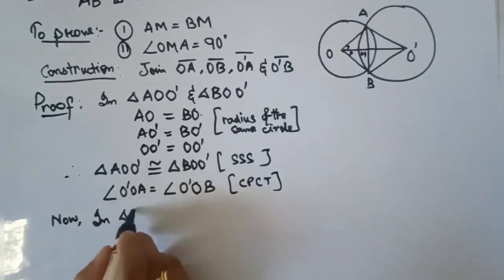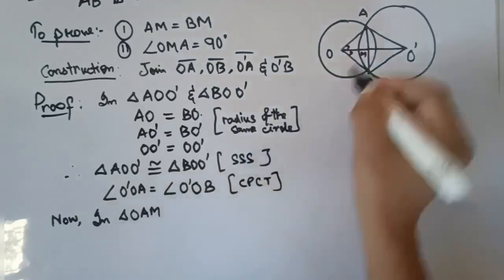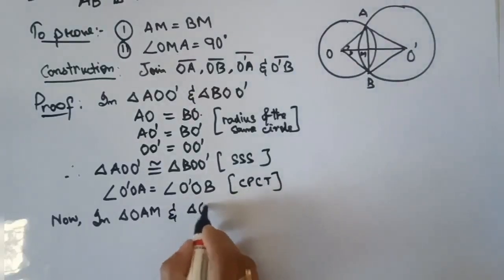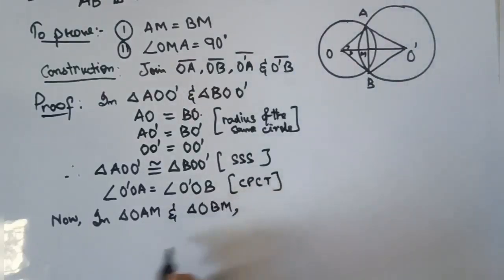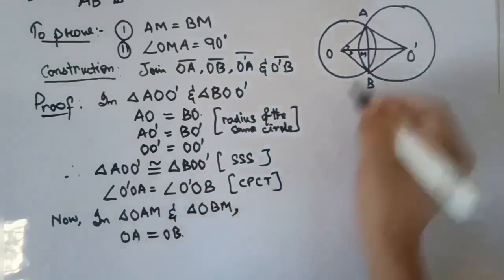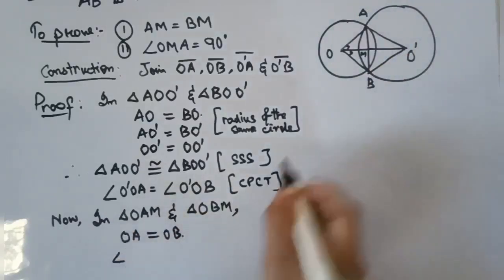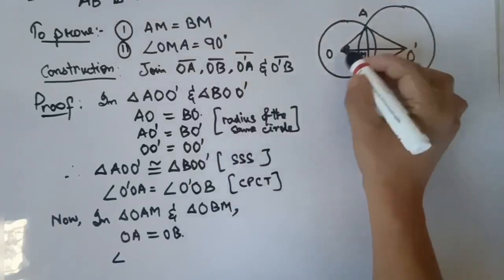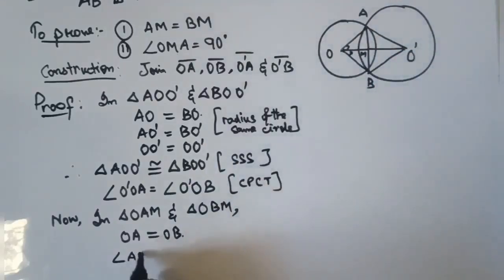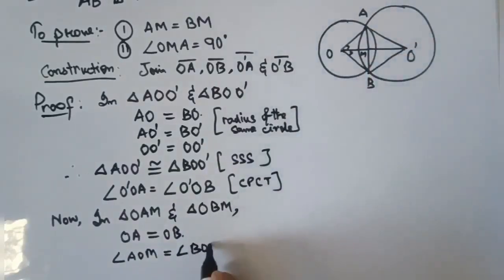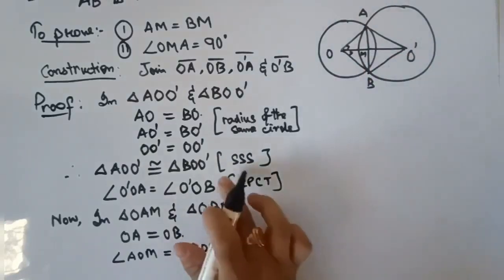In triangle OAM and triangle OBM, we get OA equals OB, that is, radii of the same circle, and angle AOM is equal to angle BOM, which we have proved earlier.